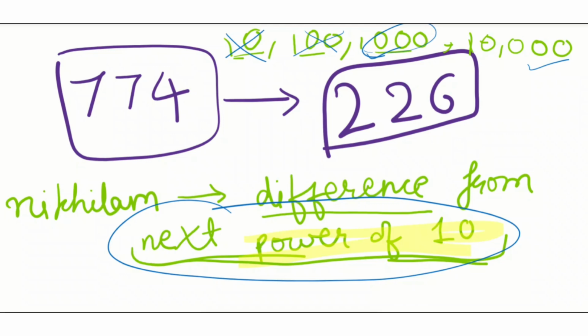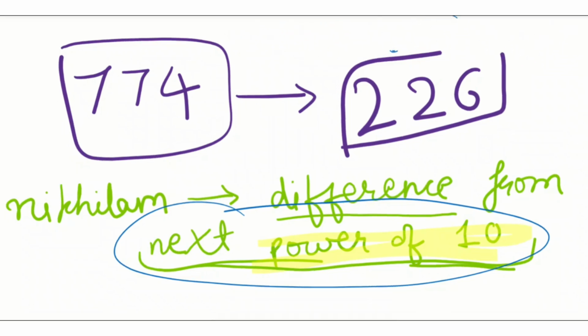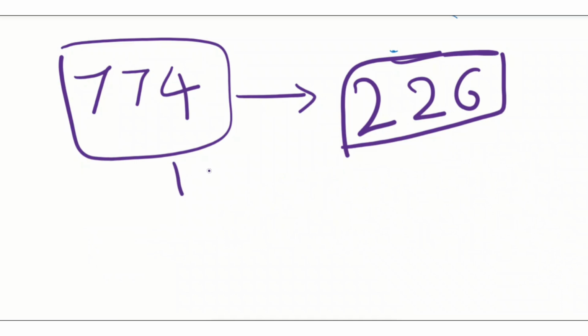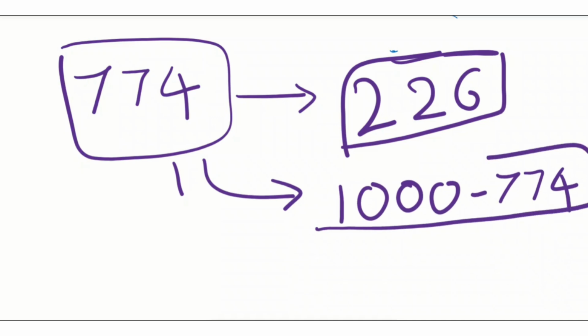The whole discussion was simply to summarize that when you're finding the Nikhilam, what you are actually doing is finding the difference. That means the value of this Nikhilam is equal to 1,000 minus 774, where 1,000 is the next power of 10 from 774.